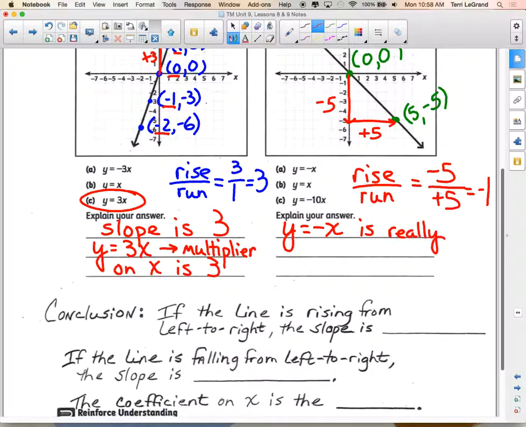What was it before it got cleaned up? That negative x means what? What's the multiplier when there's just a negative sign in front of the x? Negative 1. So negative x really means negative 1x. And slope is negative 1. That's what we'll say for this one.